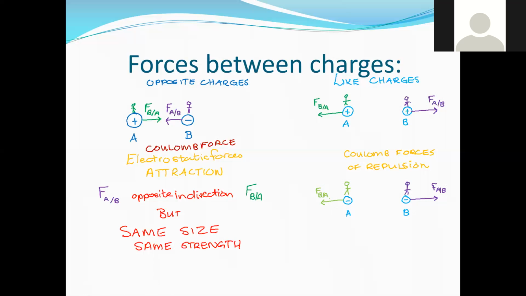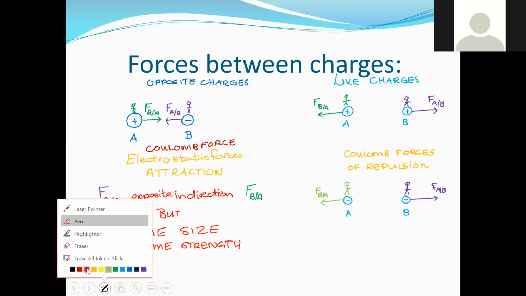So this is the type of understanding you must have. You must look at the charges, and you must be able to indicate the direction of the force of one charge on the other. Once again, we can say that the forces are in opposite direction.